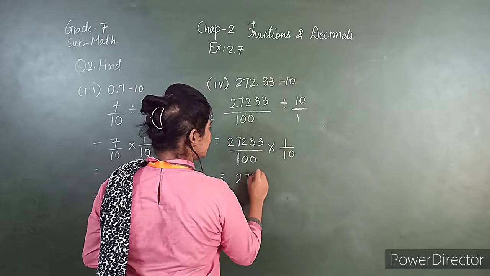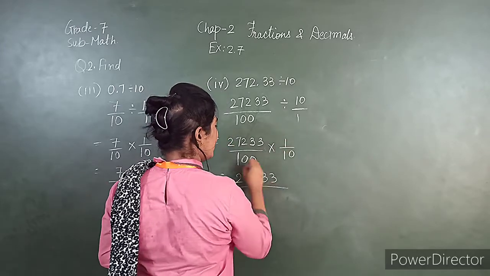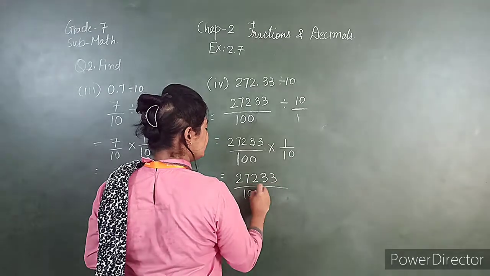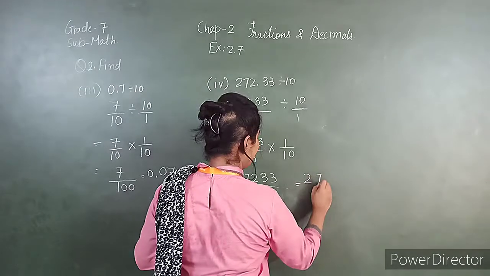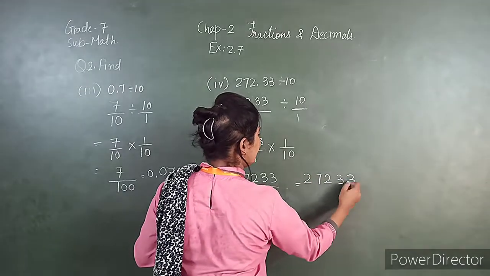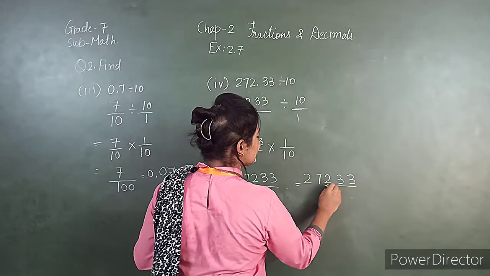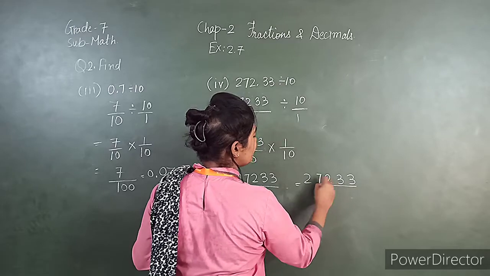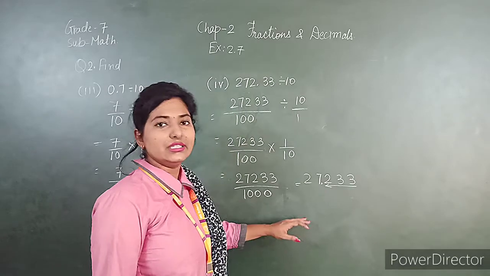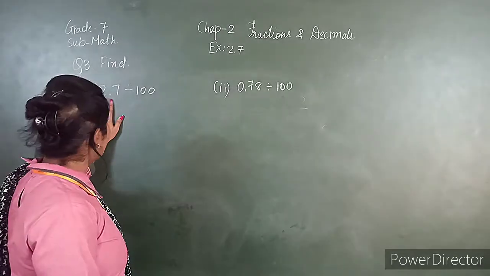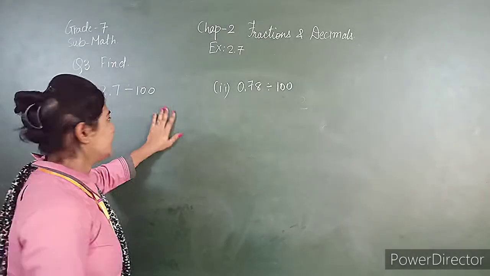So it is 27,233 upon 100 into 10, that is 1000. Now in 1000 3 zeros are there. So we have to put the point before three numbers. So we have to count from the back side and then put the point over here. So our answer is 27.233.